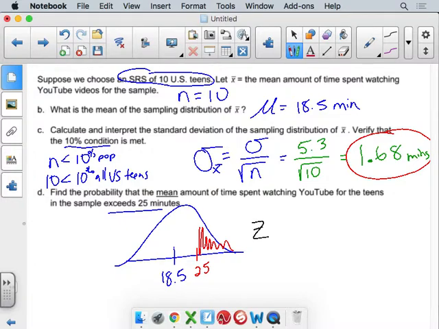So the z-score: 25 minus 18.5, but our big difference is the standard deviation is no longer 5, it's like 1.